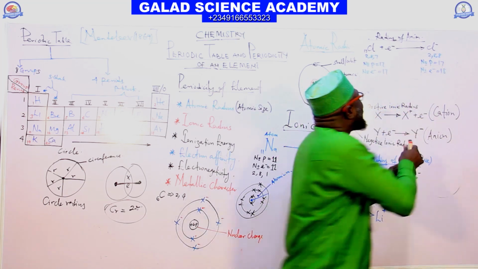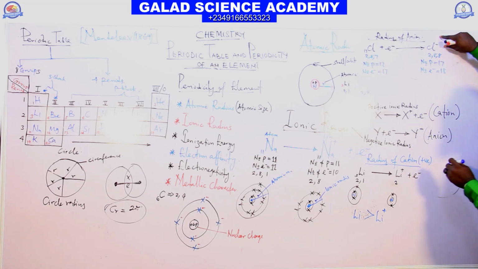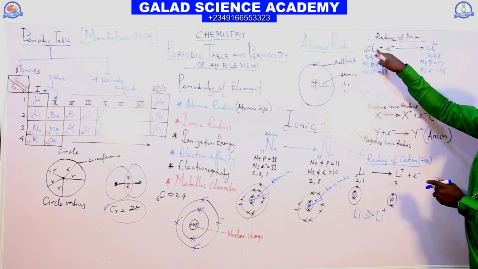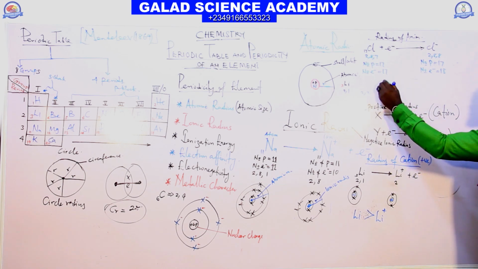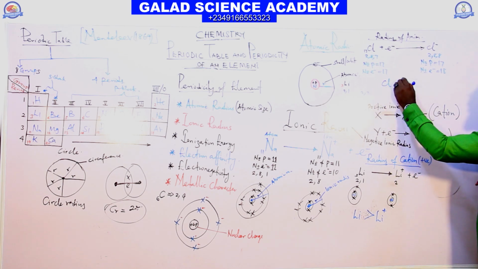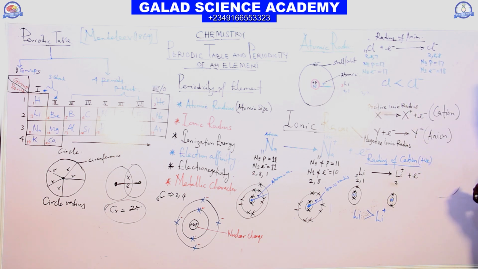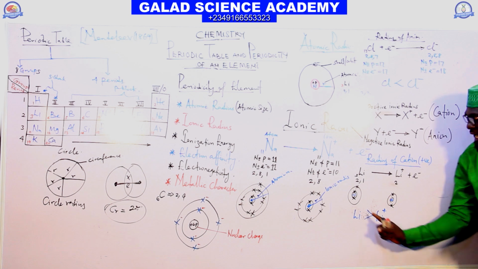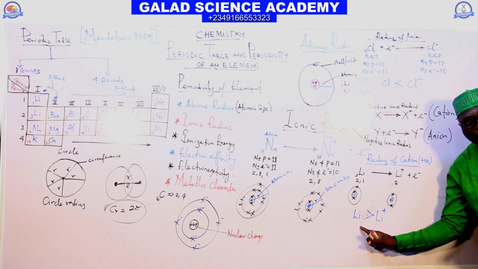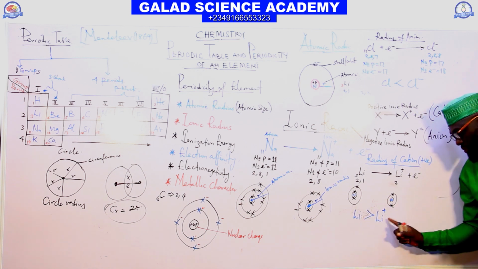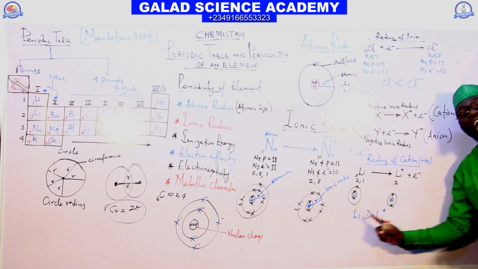As a result of that, this chloride ion is bigger in size than the chlorine atom. Therefore, the chlorine atom is less than the chloride ion. But in the positive one, the lithium atom is greater than the lithium ion in atomic size.